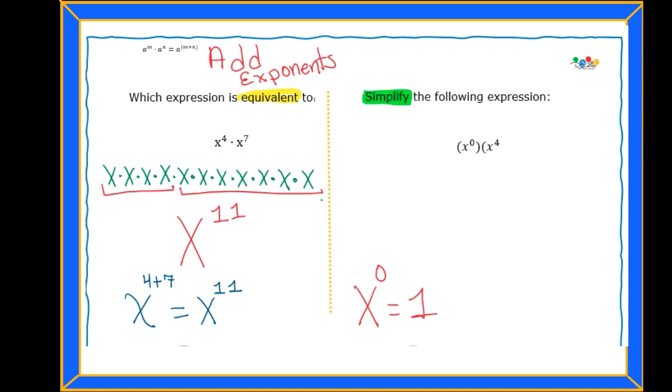So I'm going to rewrite it. My problem now is 1 times x to the fourth power. What happens anytime you multiply by 1? 5 times 1 is 5. 10 times 1 is 10. Don't you always get the same number? Exactly. So my answer will be x to the fourth power. Very good.